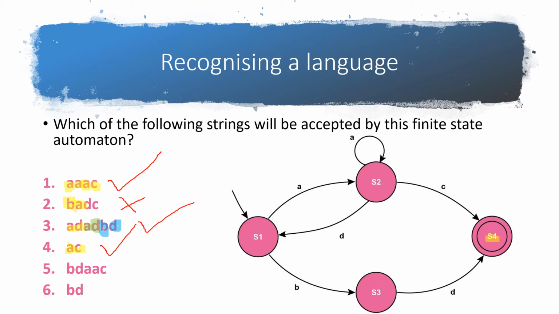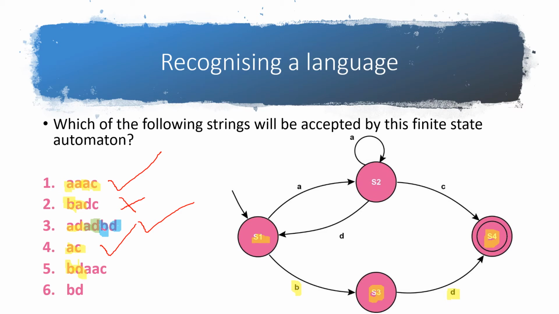And the next one then, what we've got is, so we start with a B. All right, so that means then that we're going to start on S1. We've got a B, so we're going to transition to S3. Right, now our next character is a D, and as you can see here, look, we have got a transition from D, and we are now on our accept state.